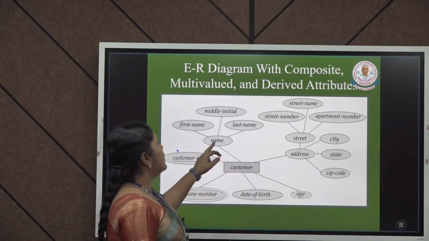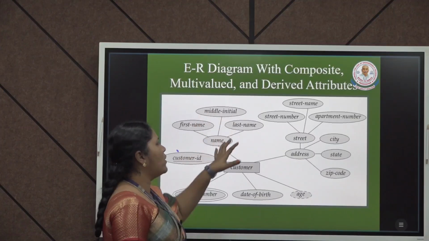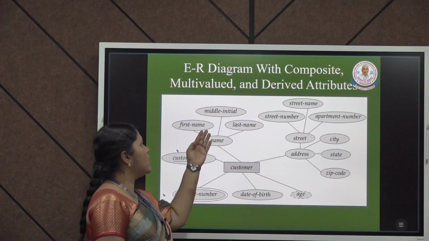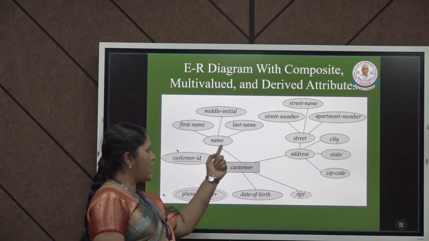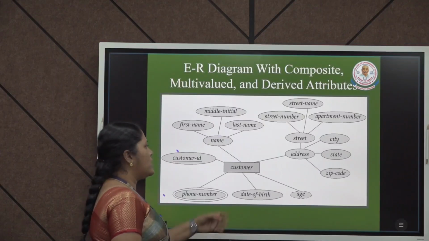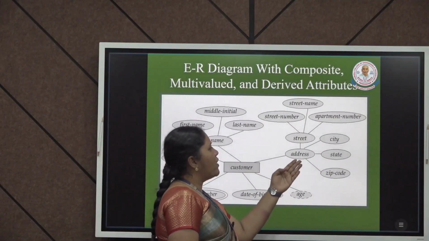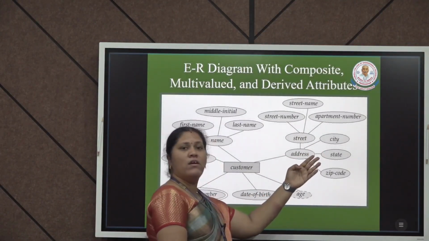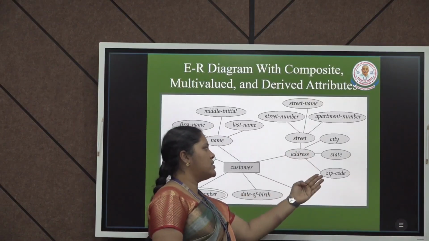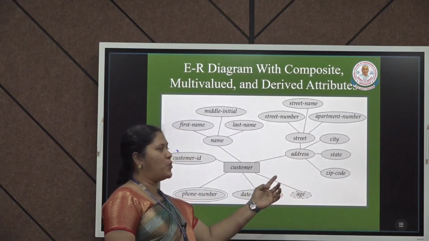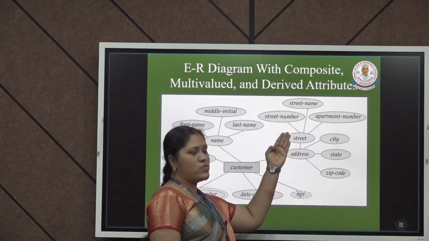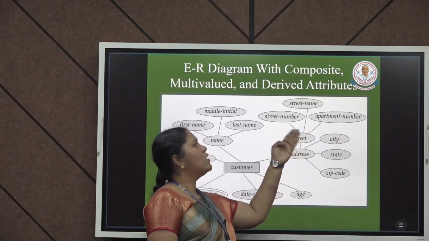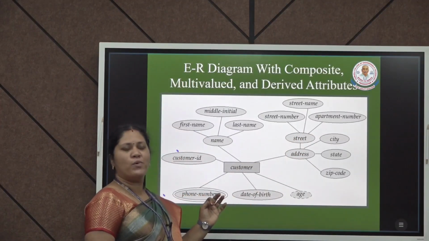In this, the name is derived from more than one attribute, that is first name, middle name and last name. This is a composite attribute. Likewise, our address is also derived from more than one attribute, city, state and zip code, therefore it is a composite attribute. Street consists of street number, street name and department number. This is also an example of a composite attribute.